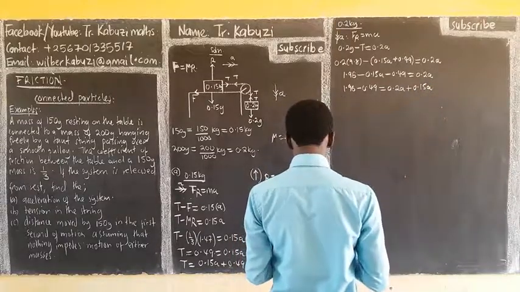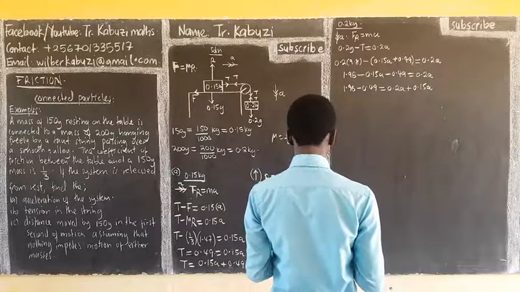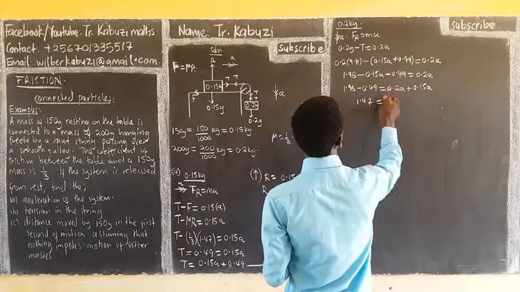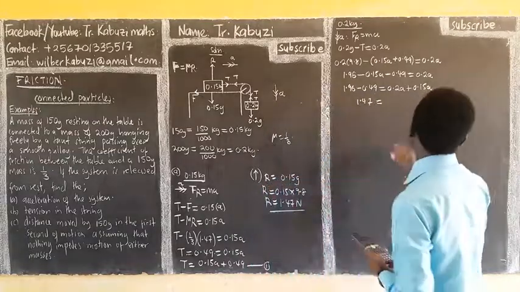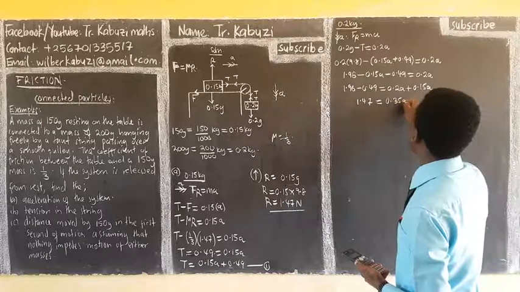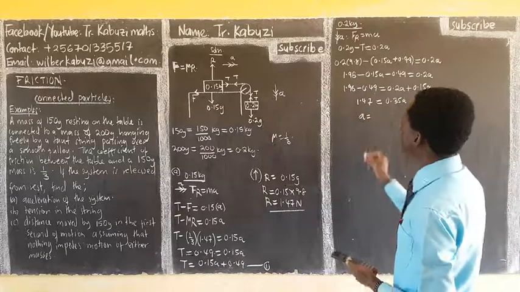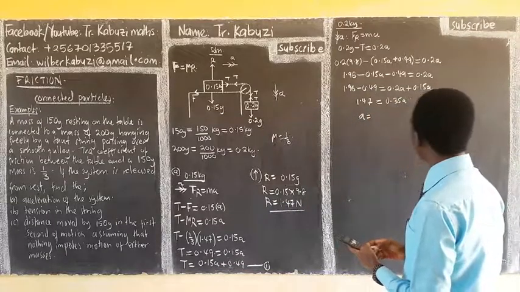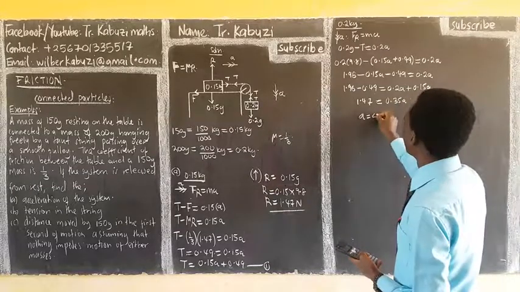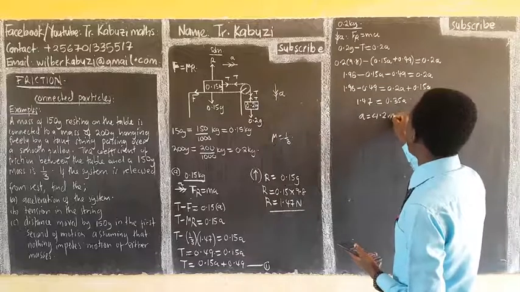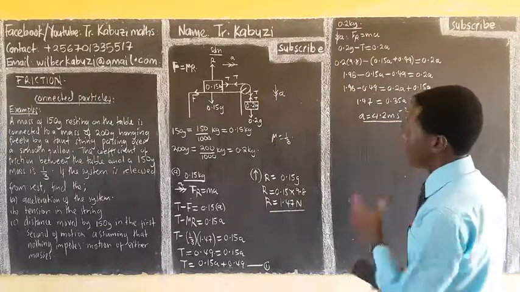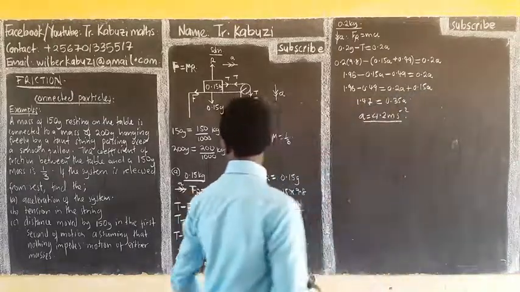So here you get 1.47 equaling, when I add there, this one is going to give me 0.35a. From there, our solution is going to be 4.2 meters per second squared, and that's the answer there. So now we have our acceleration.